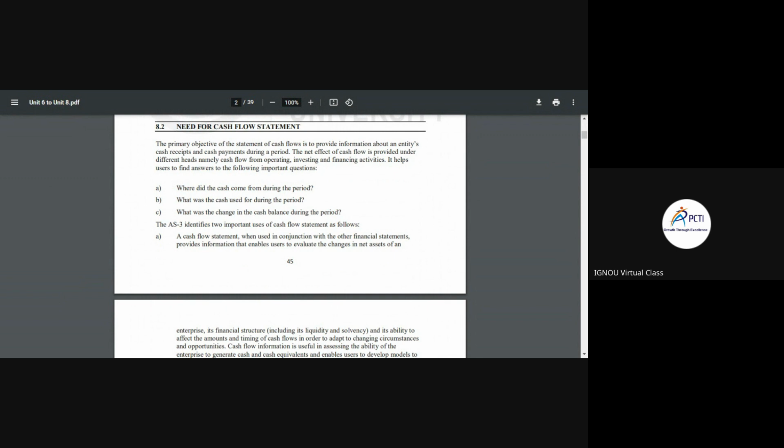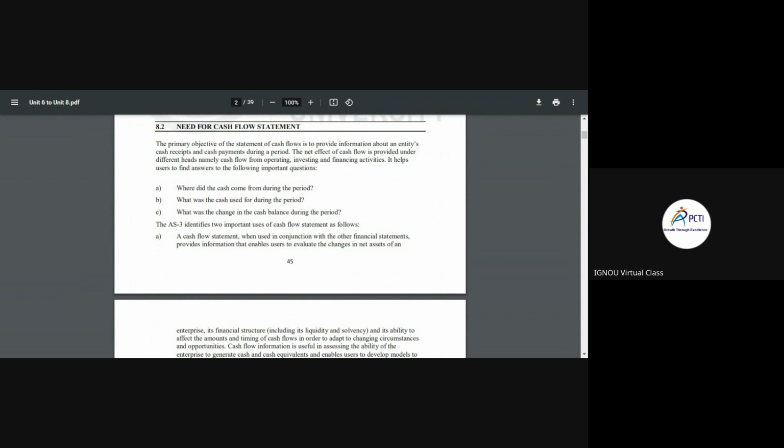The net effect of cash flow is provided under these different heads, and it helps users find answers to important questions: where did the cash come from during the period, what was the cash used for during the period, and what was the change in the cash balance during the period.